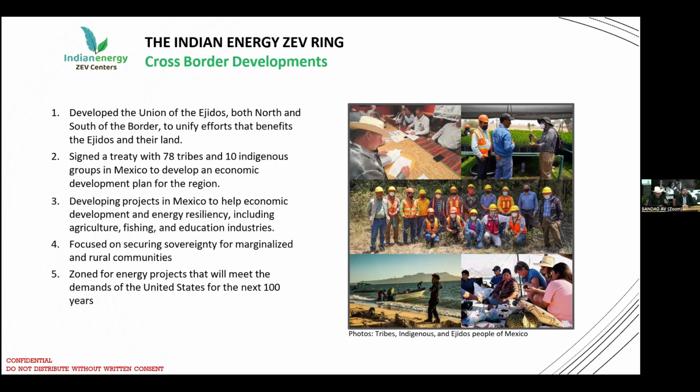Our focus is completely to secure sovereignty for marginalized and rural communities, and also to be a factor in providing the energy required for both areas, for both the U.S. and the Mexican side. Because for us, we didn't cross borders, the borders crossed us. We want to help each other on both sides of the border as the brothers that we are.